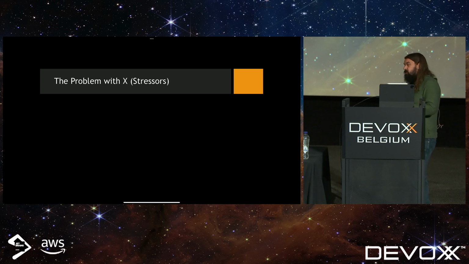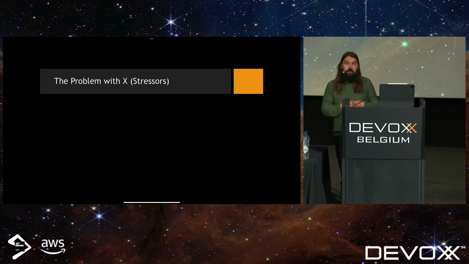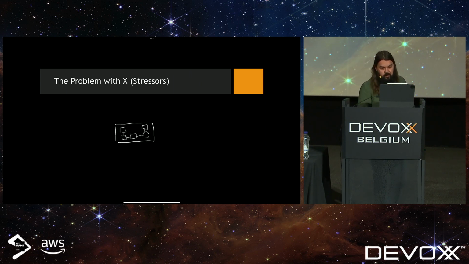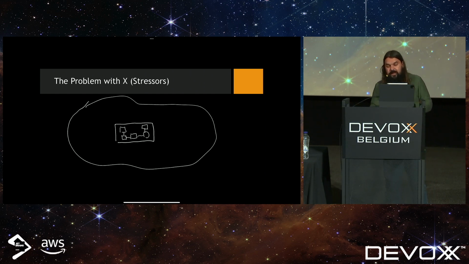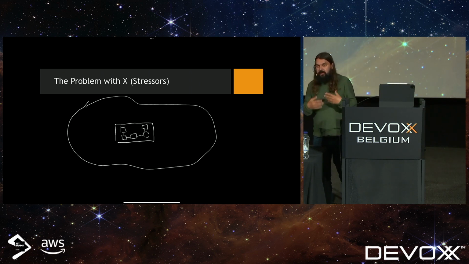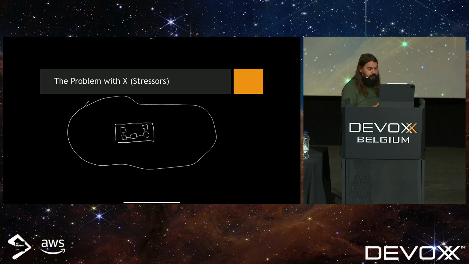And that allows us to talk about the actual problem that software architecture is trying to solve, and that is the problem with X. So we take this structure, which we as architects decide what that structure is, and we place it into this complex bubble of the business environment and the social environment in which it must live.